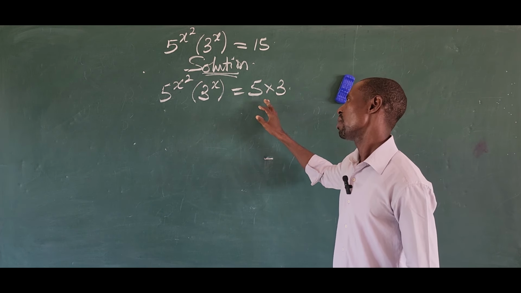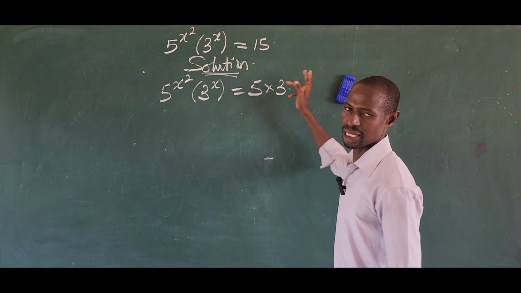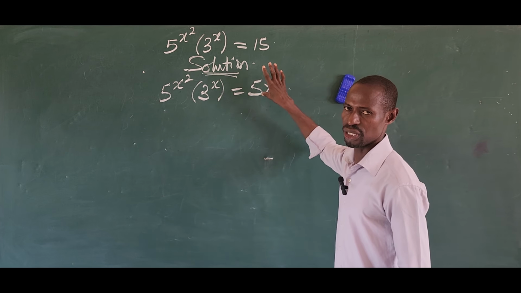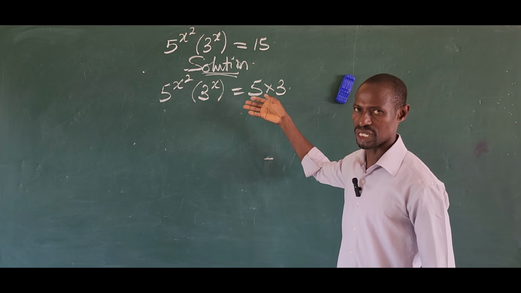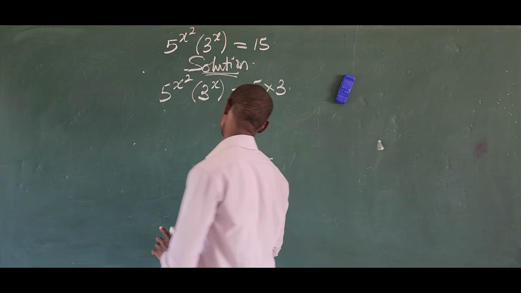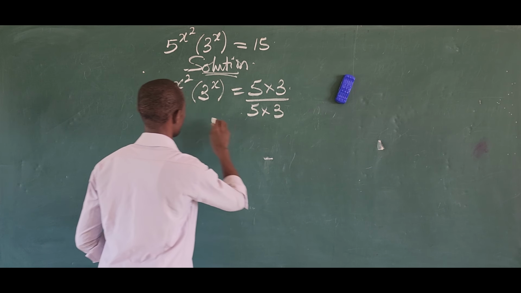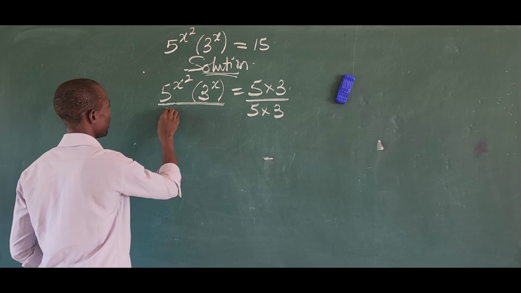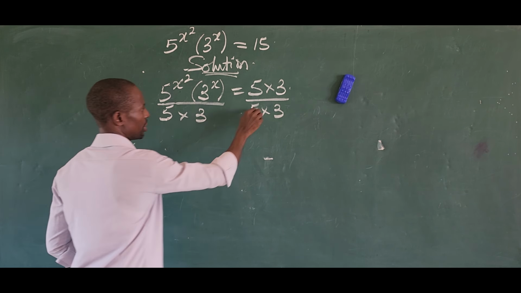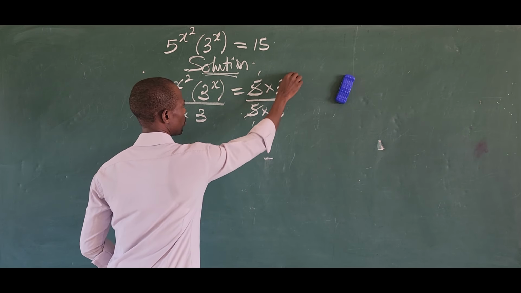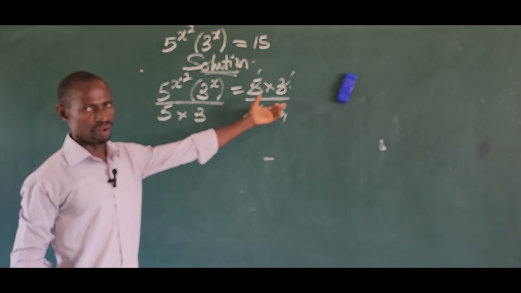So first we want to divide through by 5 times 3, to make this part unity before we can find a way of making the right-hand side 0. So let's divide through by 5 times 3. Then we equally divide this side by 5 times 3. So this one, this one, this one, this one. Okay, so here now we are having 1, right?